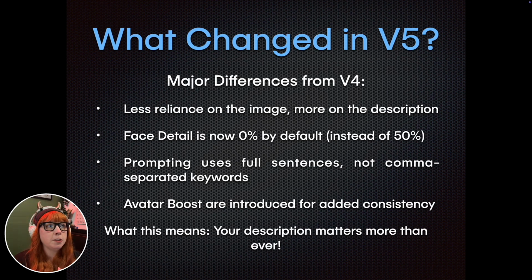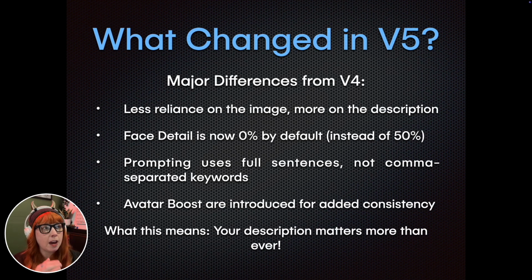So, major differences from V4. Less reliance on the image, more on the description. This is the way that Jerry put it to the masses in the Jerry talk when V5 was first talked about, when it was coming and not just a concept on the horizon.